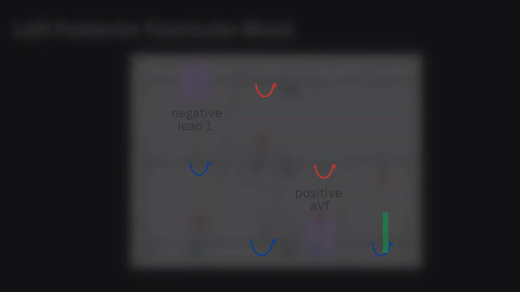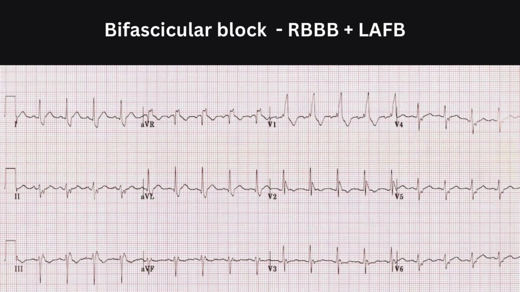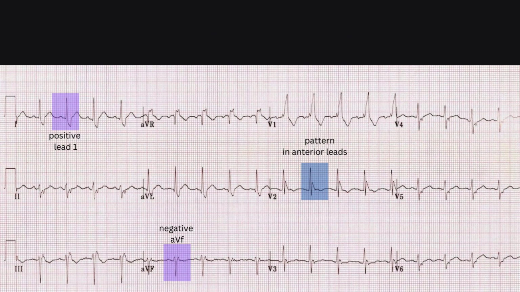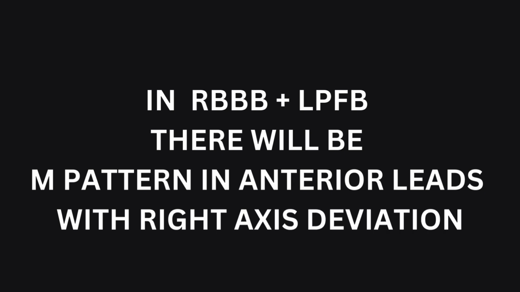In bifascicular block, RBBB with LAFB, there will be left axis deviation with RBBB pattern. So, there is an M pattern in anterior leads, showing RBBB pattern, with a positive wave in lead 1 and a negative wave in aVF, showing left axis deviation. While in RBBB with LPF, there will be RBBB pattern with right axis deviation.